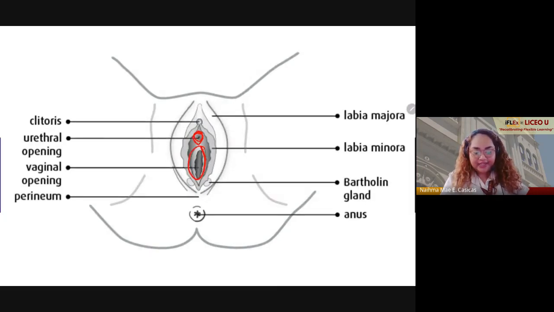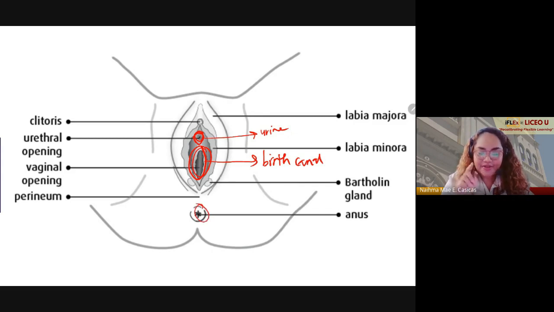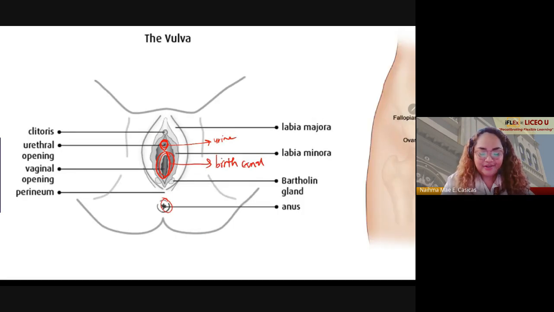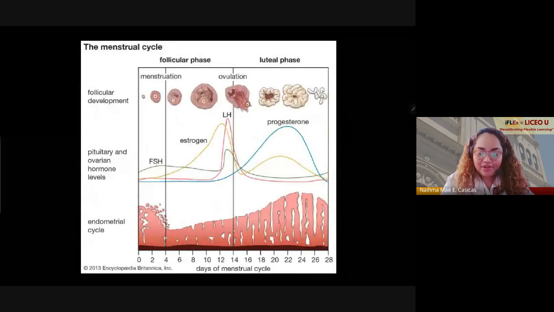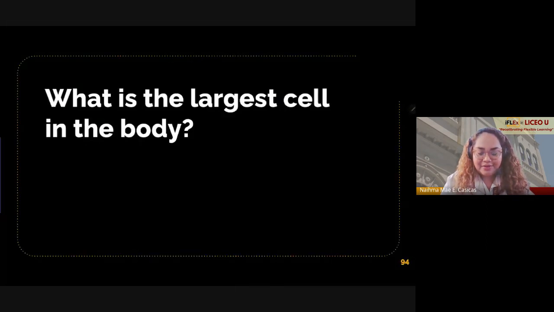So diri mo agi ang ihi. So this is where your urine passes, and this one, this is your birth canal. This is the agianan of your baby and the agianan of the penis. Kana siya. And then lastly, your anus. Very importante ng anus. Okay. So, that is all for today. Muna siya ang ato ang human reproductive system, no?